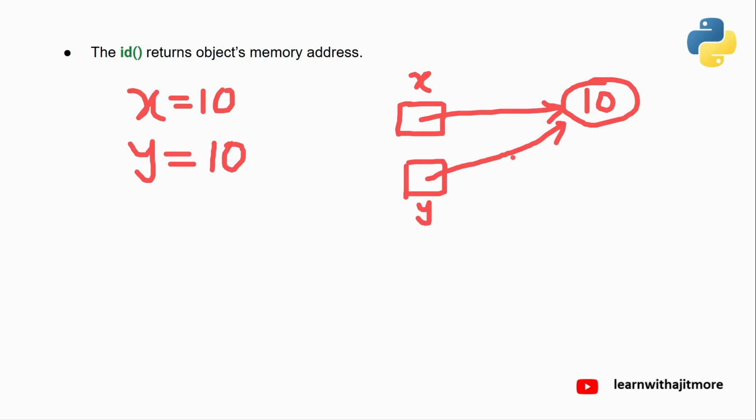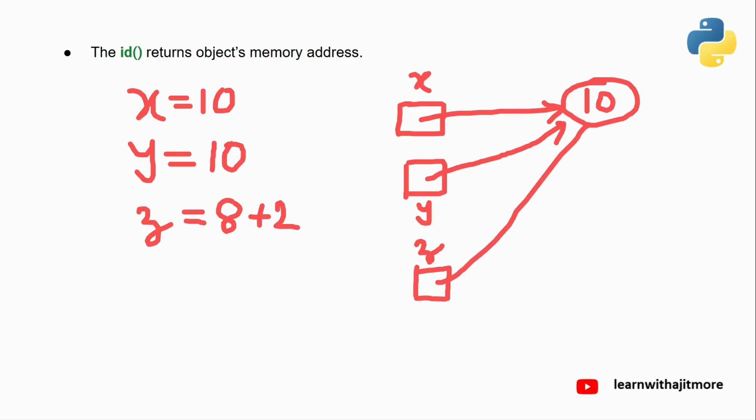Now, if there is z equal to 8 plus 2, the same thing happens. The result of 8 plus 2 is 10, and 10 is in the pool, so z also takes the same object. Therefore, if you print the addresses of these three variables, they will be the same.